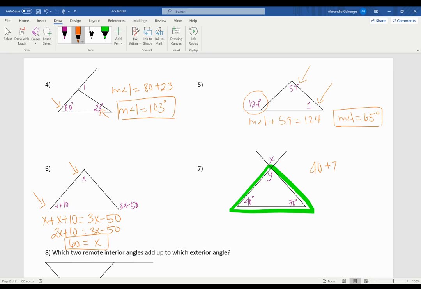So 40 plus 70 plus y equals 180. Because that's 110 right there, y is equal to 70. So I'll write that in, which means if I have my vertical angles here, that also means that this one's 70. So x is also 70.